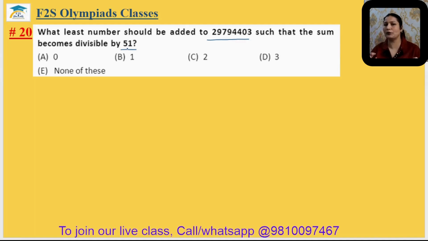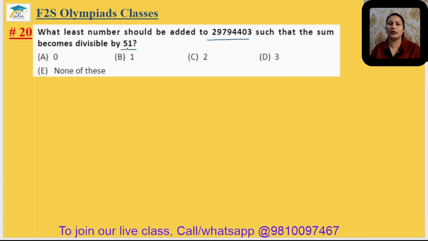Divide this number by 51 and find the remainder. If we add a number to the remainder such that it becomes 51, and that number is added to the dividend, then the whole number will be divisible by 51.